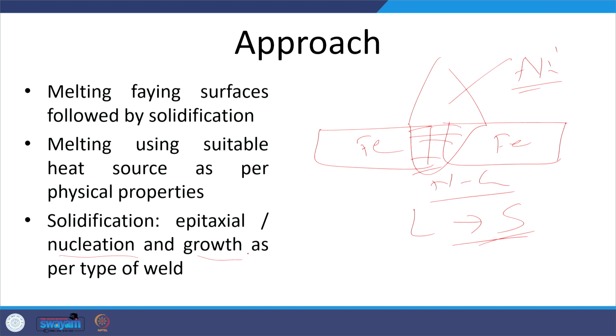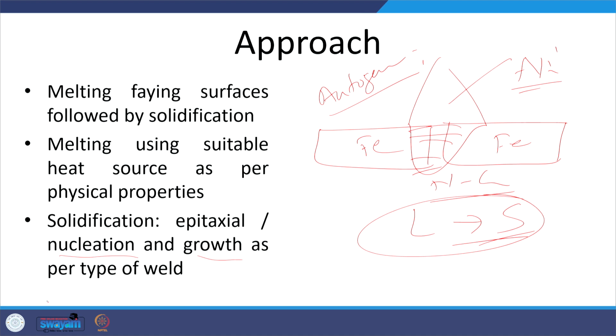So, the point here is simple. If it is autogenous welding, or if the filler metal or electrode being used is the same as the parent metal, then epitaxial solidification takes place. But if the filler metal is completely different from the parent metal, then it will be the conventional solidification, which is nucleation and growth.